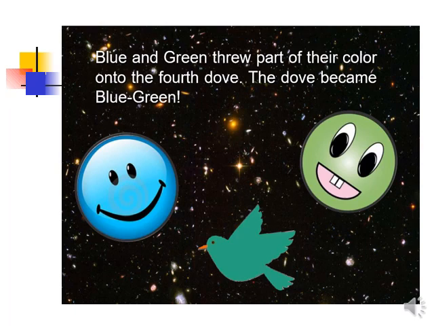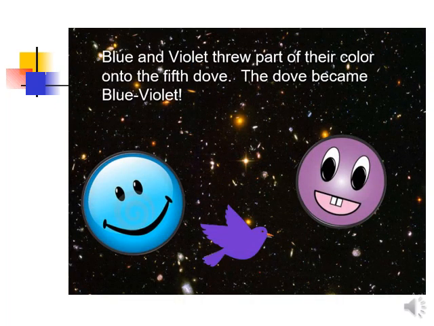Blue and green threw part of their color onto the fourth dove. The dove became blue green. Blue and violet or purple threw part of their color onto the fifth dove.